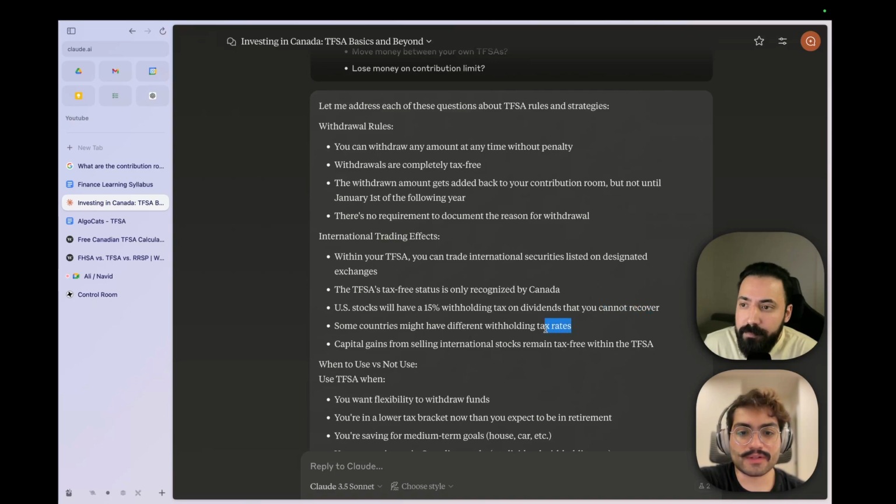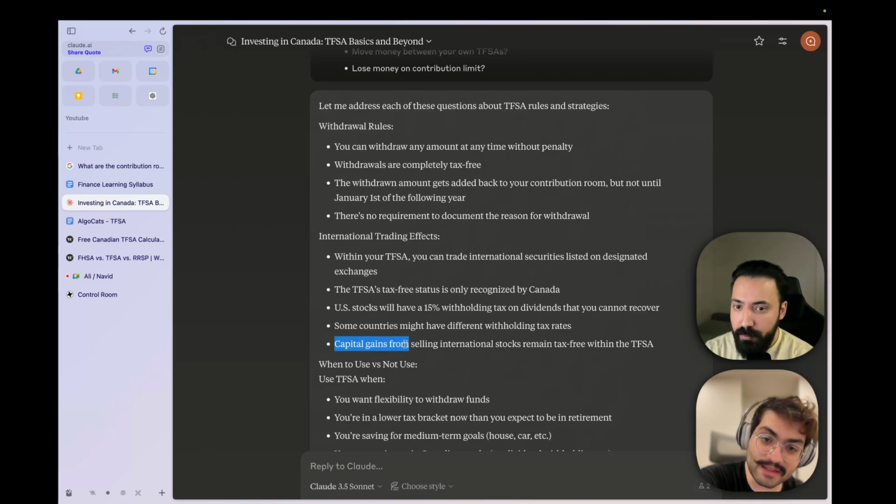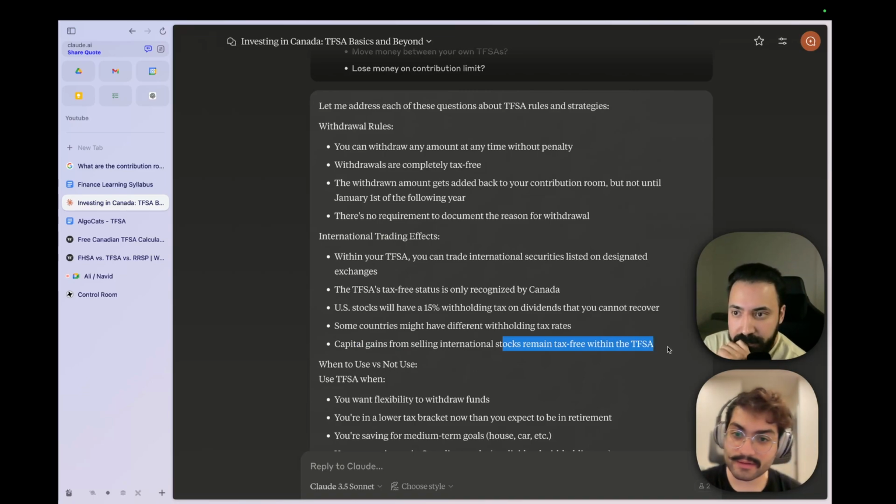And some other countries have other tax rates. But capital gains within Canada remain tax free, even if they're international. So you don't get taxed on the capital gain, but on dividends, which is something we're gonna learn about later, you get taxed.